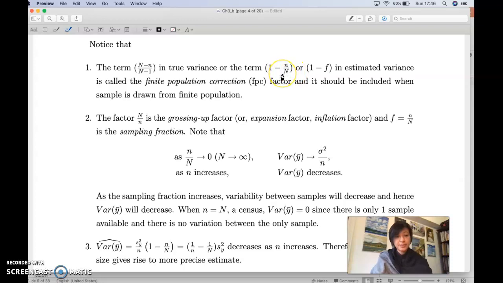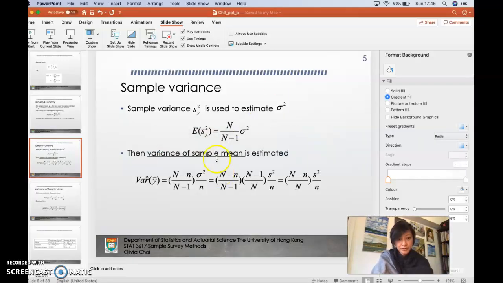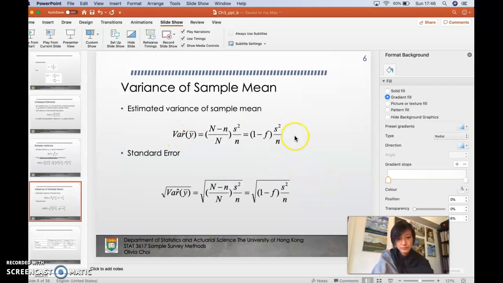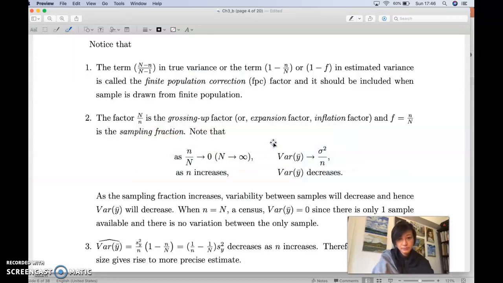But if we increase the sample size n, for example, if we look at the estimated variance with that factor, as n increases, the fraction of n, our sample size with respect to the population size, is going to be a slightly larger number, but it is still less than 1, right?